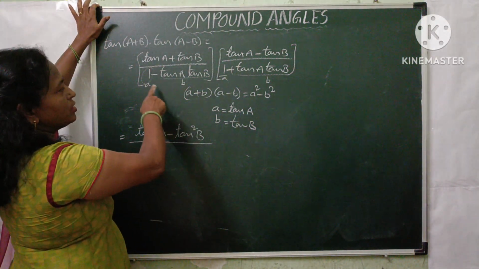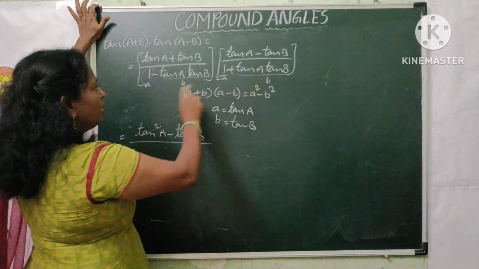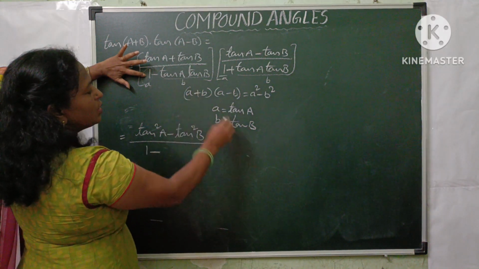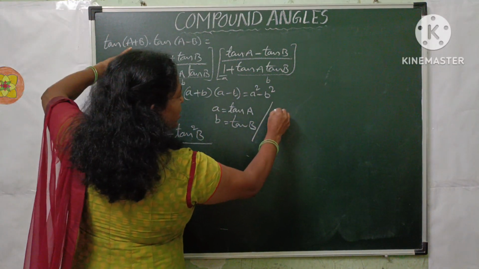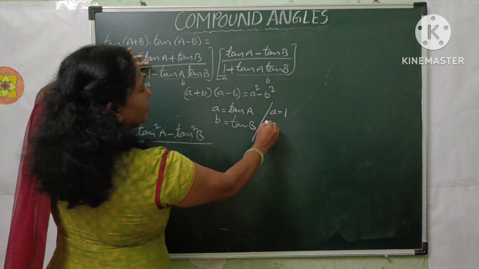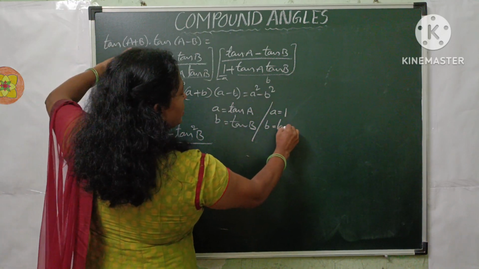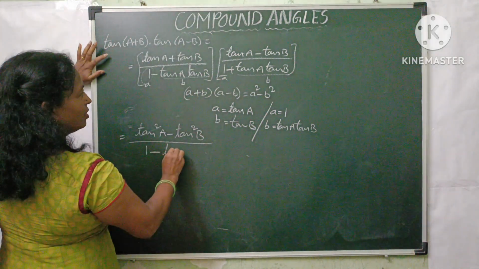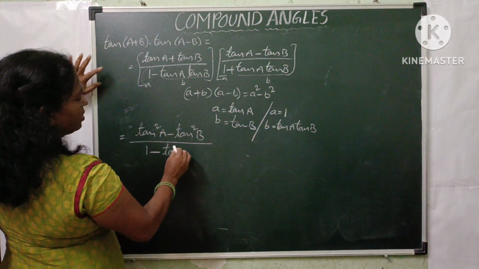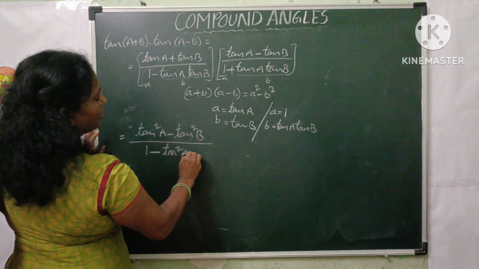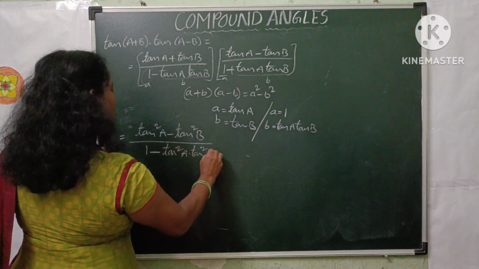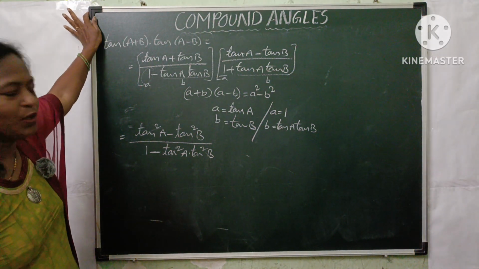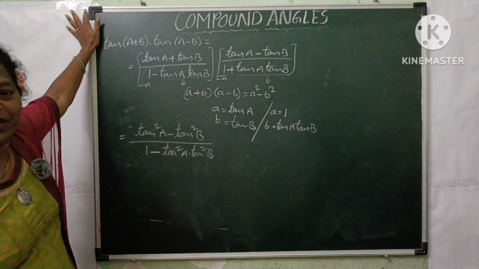Next, the denominator also (a-b) into (a+b). Here a equals 1, so 1 square means 1 only, minus b, where b equals tan a tan b, squared, so tan square a into tan square b. This is the tan(a+b) into tan(a-b) formula.